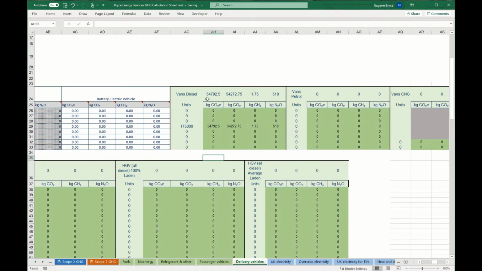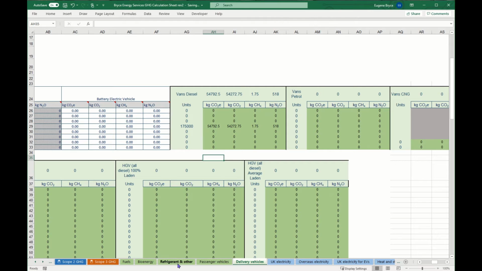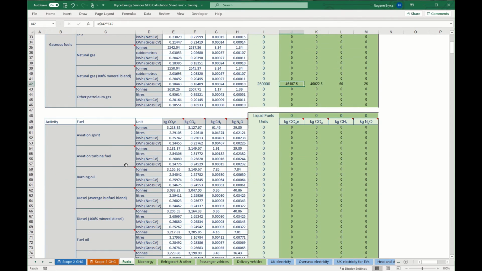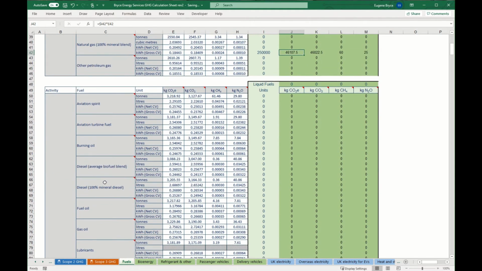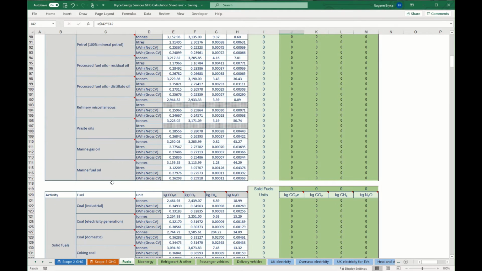So we get a figure of 54,792, so 54.79. Again, we've said this is diesel, but it's pure liters. So what we can do is go to fuels and activities, liquid fuels, solid fuels.